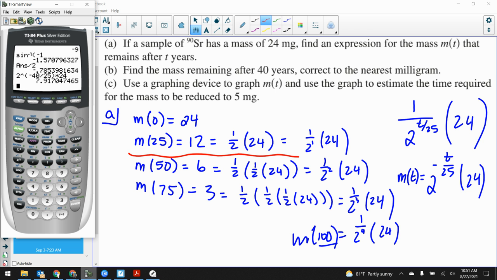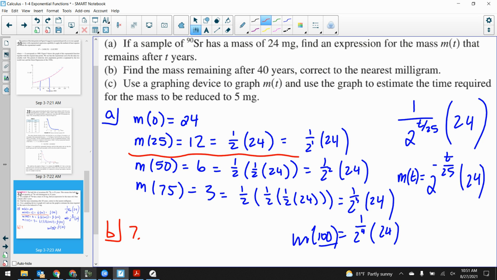So 7.92, we'll round it. 7.92 milligrams. To the nearest milligram? Okay, 8 milligrams.